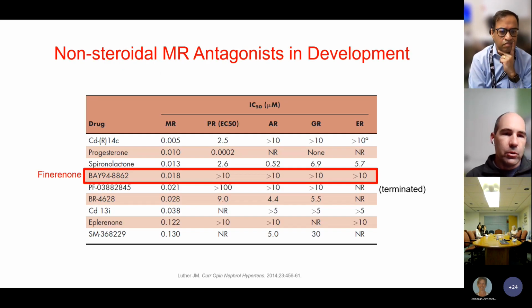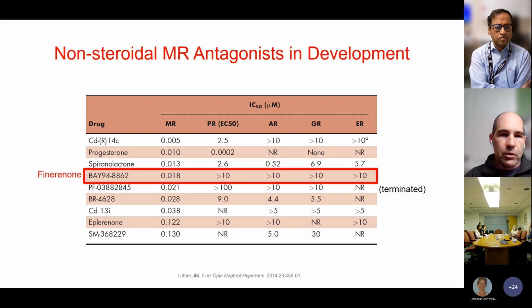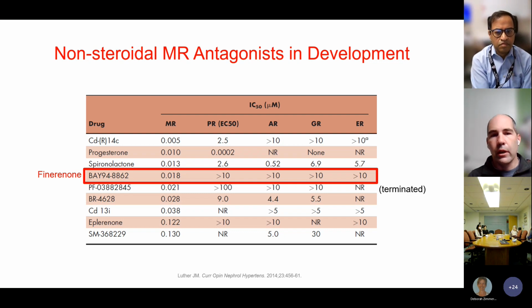So I showed the table with some of the MR antagonist potencies. They show that it has no effect on progesterone, androgen, glucocorticoid, or estrogen receptors, and really none of the other compounds. So they do this all in the drug development. There's a number of other compounds, and this is now an incomplete list.